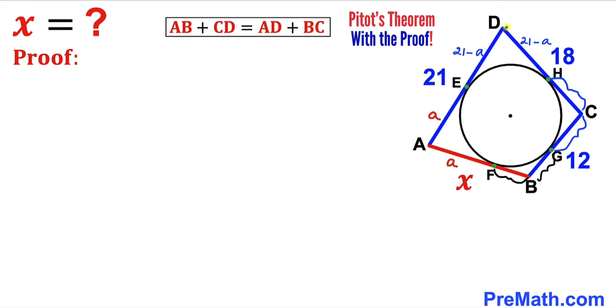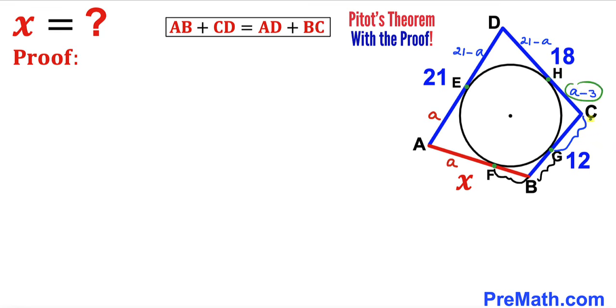Now we can see that this whole side length is 18, and this side length is 21 minus a. So this segment CH is going to be simply 18 minus (21 minus a). Let's simplify. That is going to give us 18 minus 21 plus a, and if we simplify, that is going to give us a minus 3. So this segment CH turns out to be a minus 3.